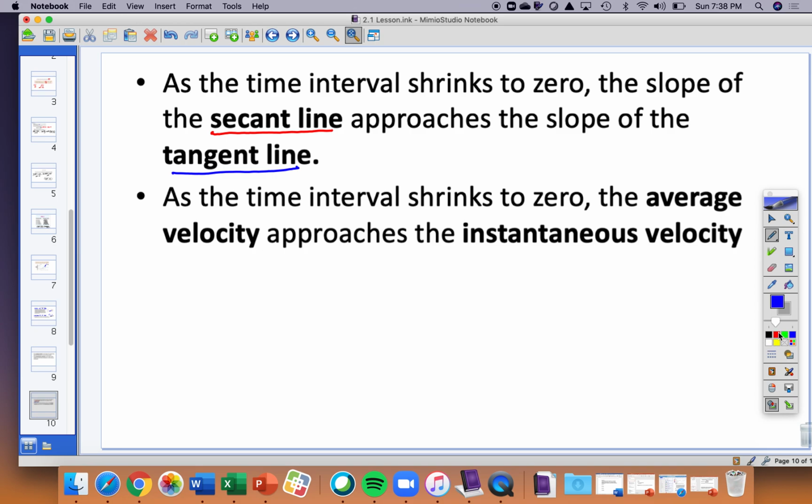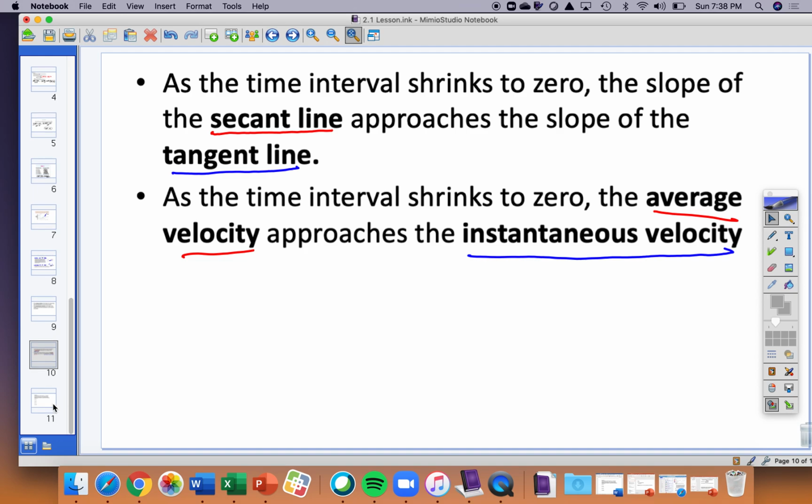And that's because a secant line is the average velocity, and a tangent line is the instantaneous velocity. We're using secant lines to estimate tangent lines. We're using average velocity to estimate instantaneous velocity.